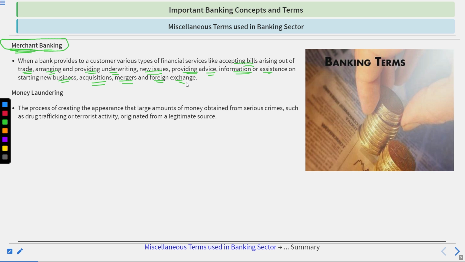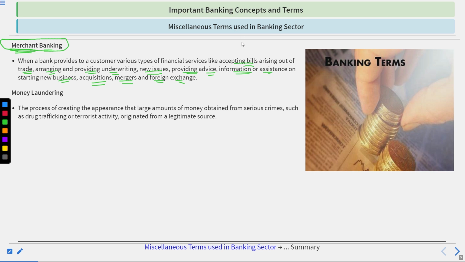In retail banking, the customer is a non-trader, or you can say the customer is using the bank account and banking services in a personal capacity. But merchant banking is not used for retail banking purposes. It is mainly used for business and trading.